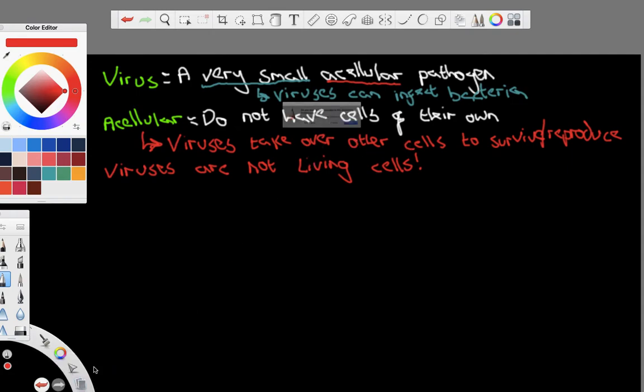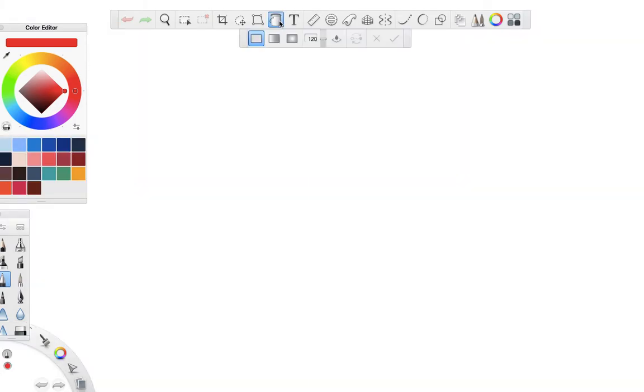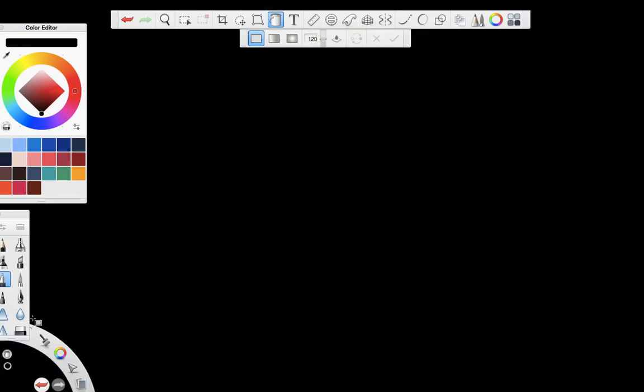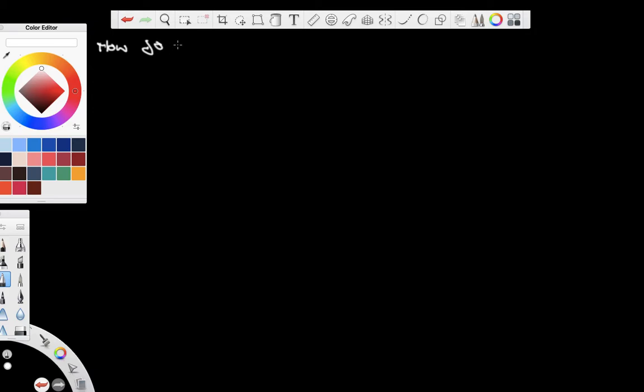So I'm just going to clear the board. I'm going to turn it back to black because it's easier for you guys to see. And we can put the subheading, how do viruses reproduce? Question mark.